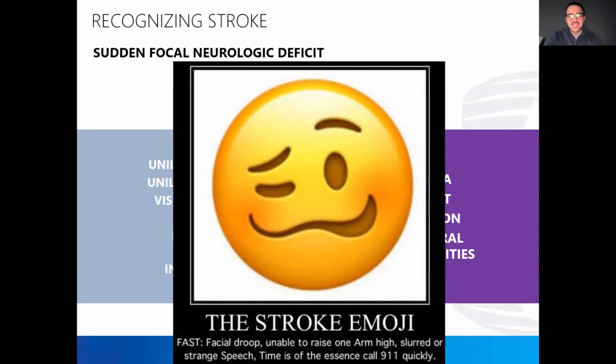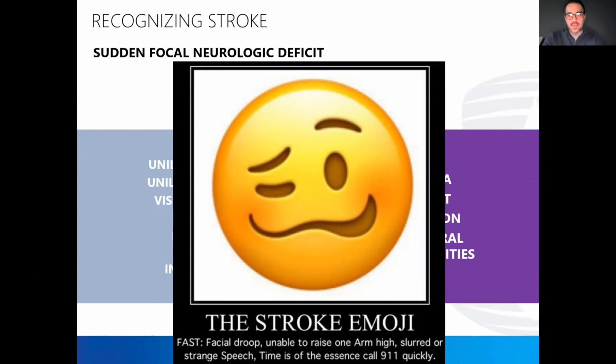Interestingly, this is the stroke emoji. I did not design or create this. I found this emoji, and some colleagues of mine and I decided to name it the stroke emoji. We posted it on social media a few years ago, and I was extremely happy because about 3 months later, a teenager found her grandmother having symptoms of a stroke. She called 911, and the grandmother came in.